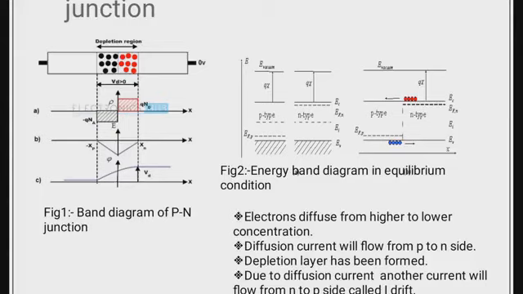Here, before making contact, this is the p-type material and this one is the n-type material, and the Fermi energy is denoted by E F n. In the p-type material, the position of the Fermi energy is shown just over the valence band, because in a p-type semiconductor we have added some acceptor type of impurity.